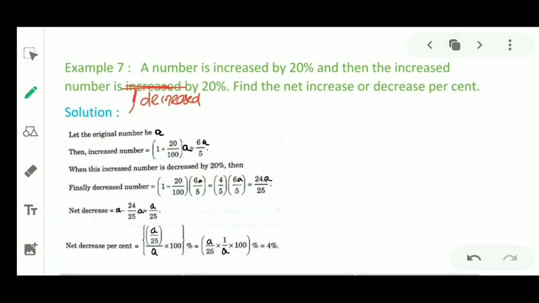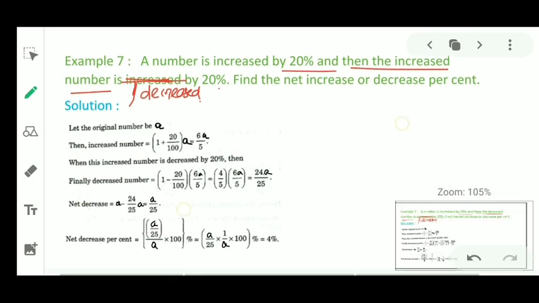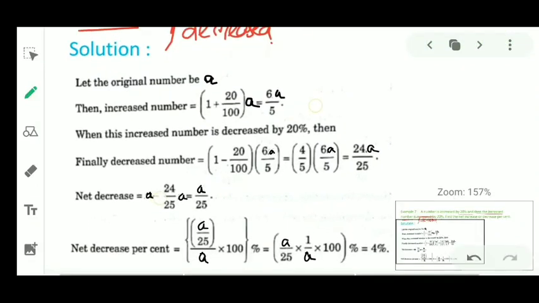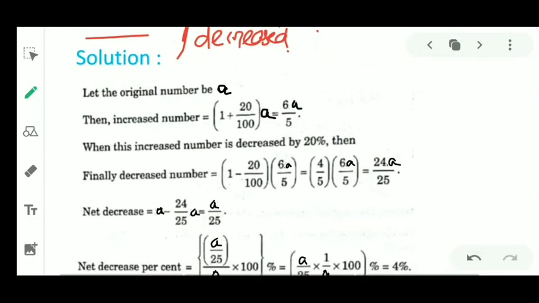A number is increased by 20% and then the increased number is decreased by 20%, then find the net increase or decrease percent. So let the original number be a.